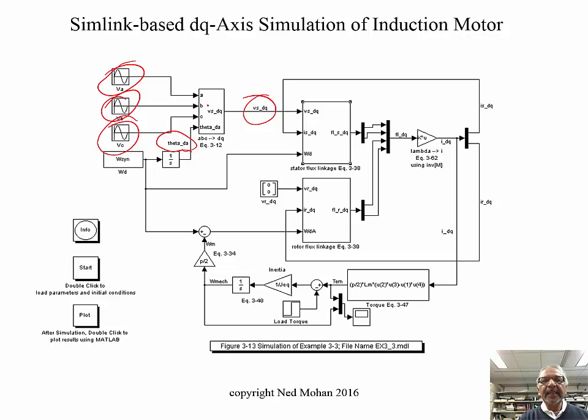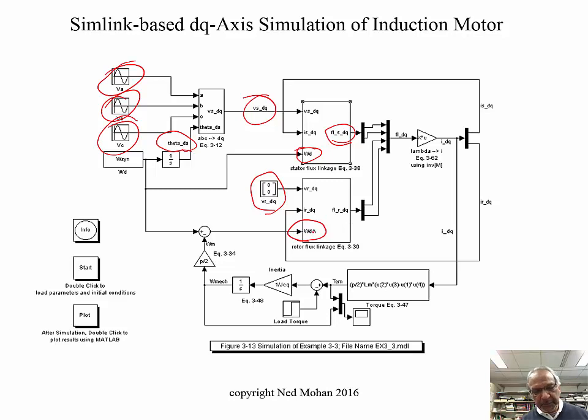Then, using this omega D, which also needs to come back from the output, we can calculate the flux linkage in the stator, and the same thing in the rotor circuit. The D and Q axis voltages are 0, because if it's a squirrel cage rotor, VRD and VRQ are 0, and in this case we need the slip speed omega dA.